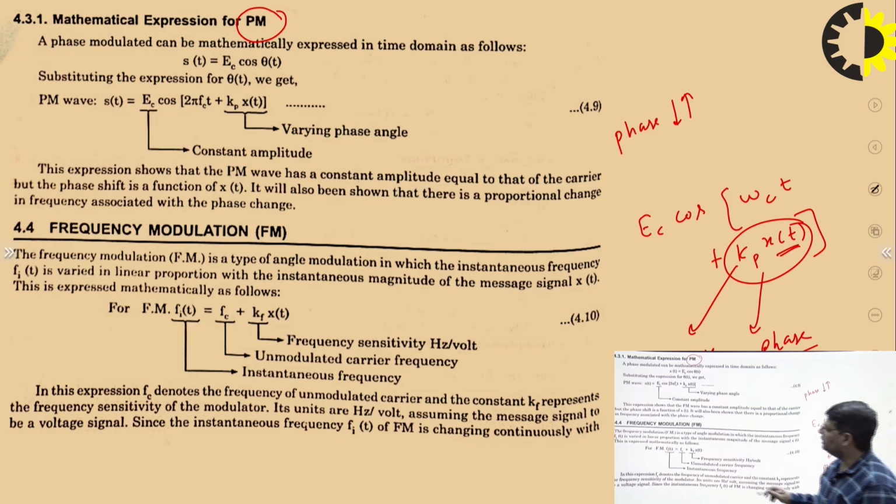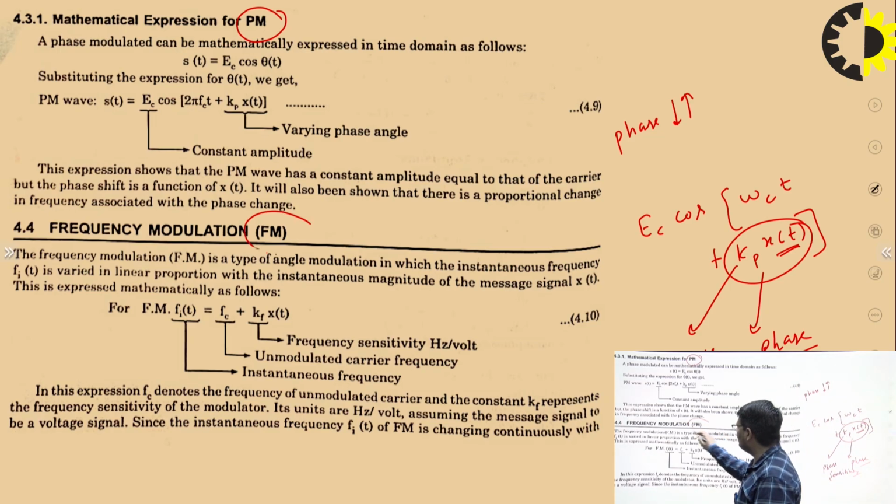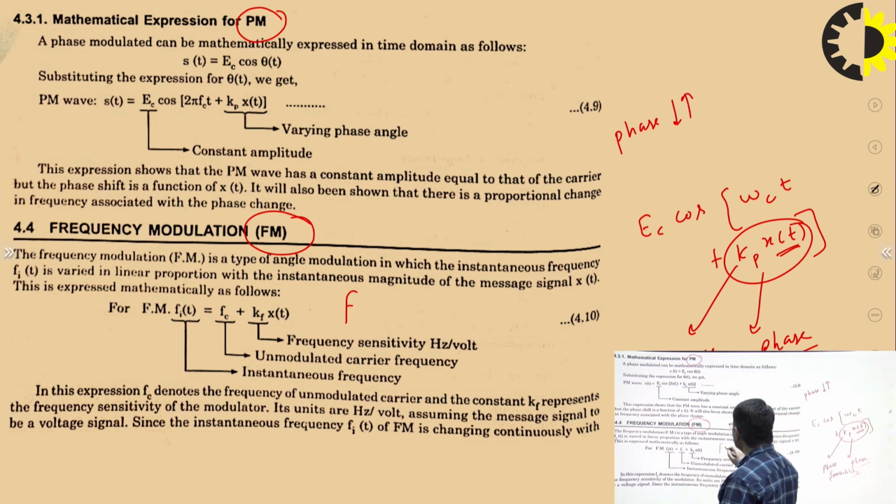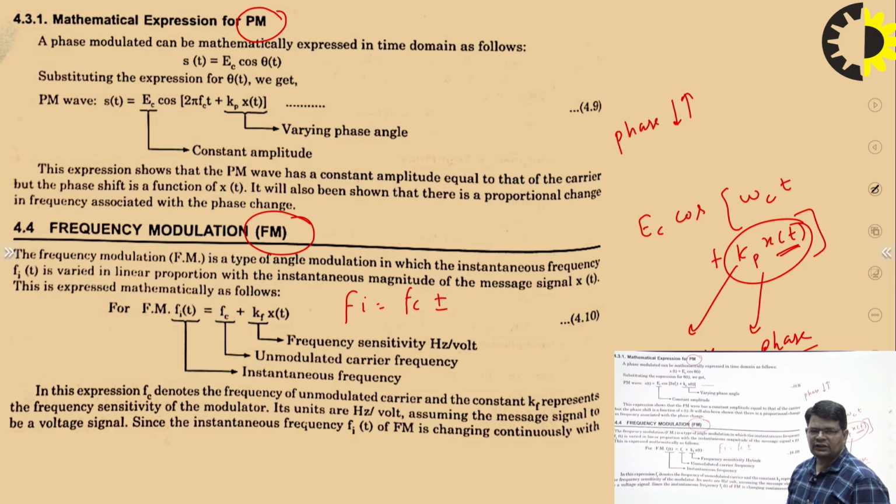In a similar way, in frequency modulation, we vary the frequency of the carrier signal according to the message signal. That is, the instantaneous value of frequency can be obtained by changing the carrier frequency in accordance with the message signal. We have taken kp for the phase sensitivity.